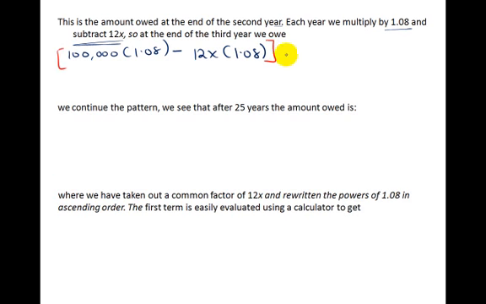Multiply it by 1.08 and deduct 12X. So at the end of the third year, oh sorry, I forgot something here.